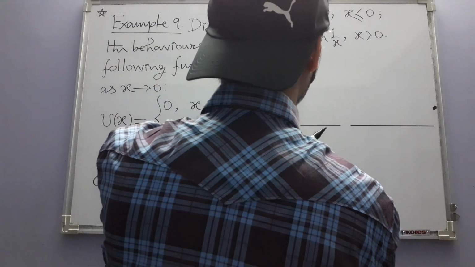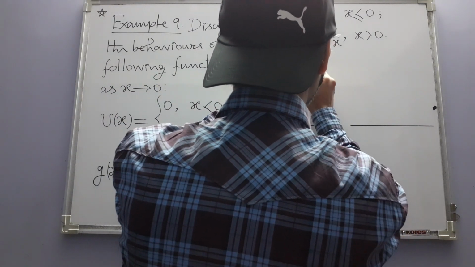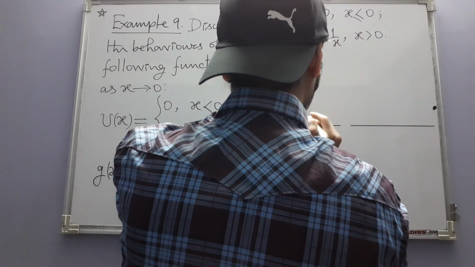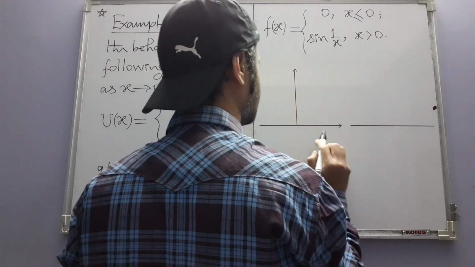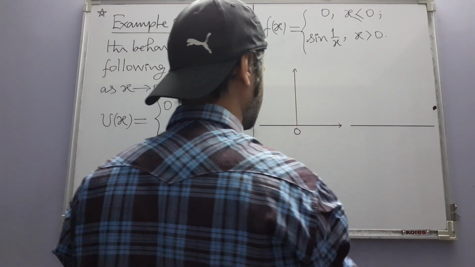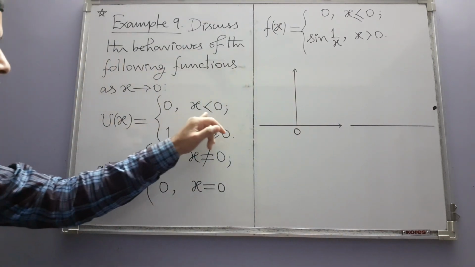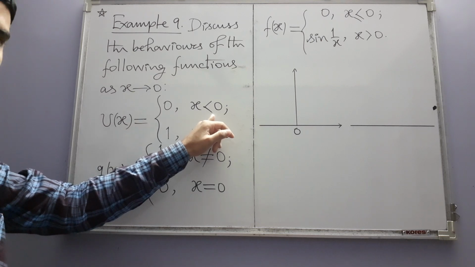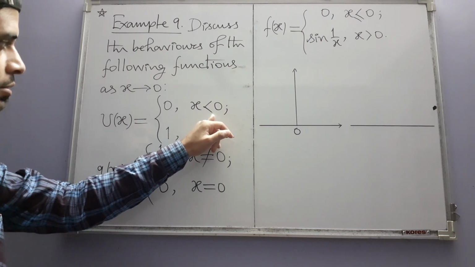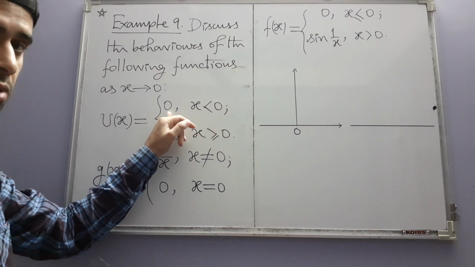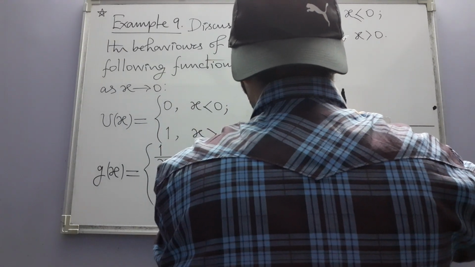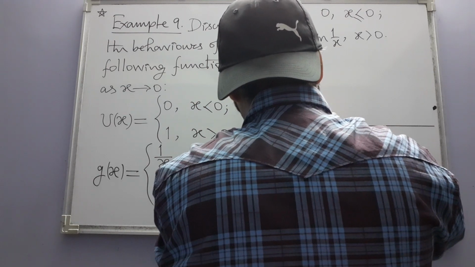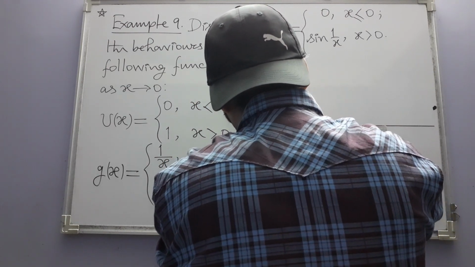For u, the graph is going to be this. When x is negative, the u value is 0, so it is this line.